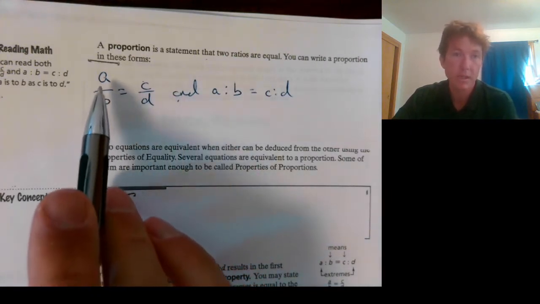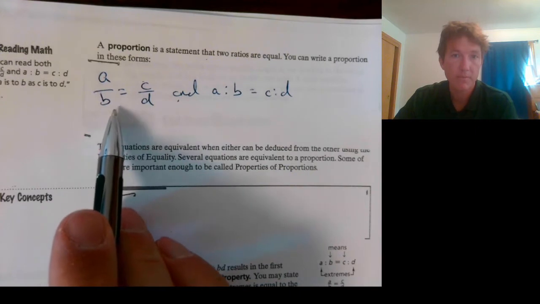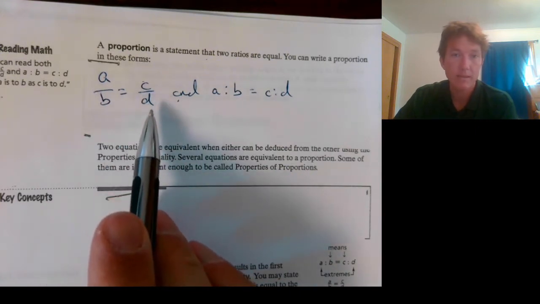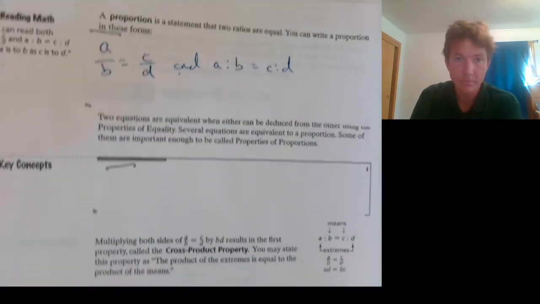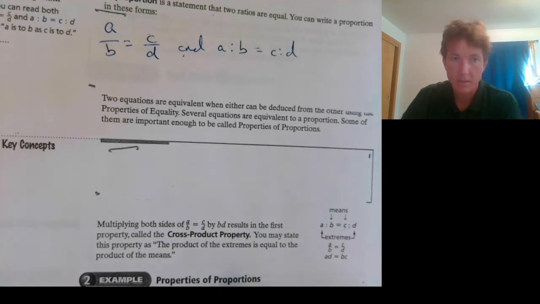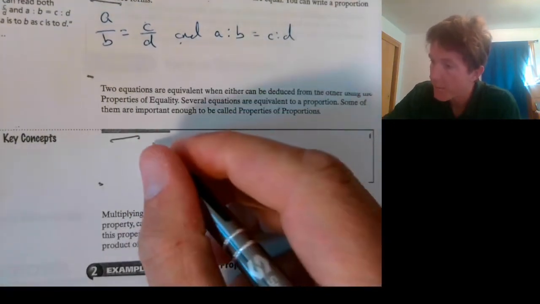So for example, A could be 1 and B could be 3. C could be 8 and D could be 24. They're actually equal to each other, but their numbers are different. That's exactly what this is saying right here. So we have properties of proportions.